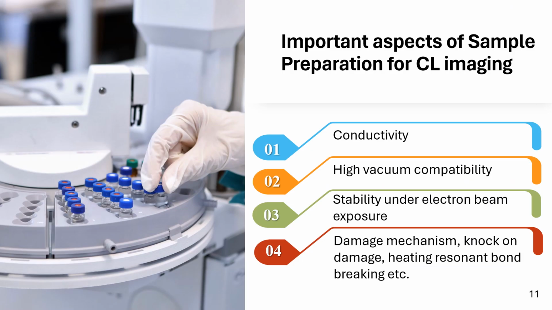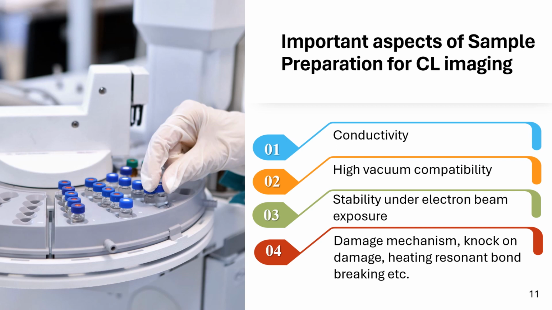Now I want to talk about the important aspects of sample preparation for CL imaging. These are the aspects we should keep in mind, like conductivity. When the electron beam falls on a sample, it has to be mixed with some conducting metals, so that if there is a possibility of charge, it can transfer through that metal or that surface.